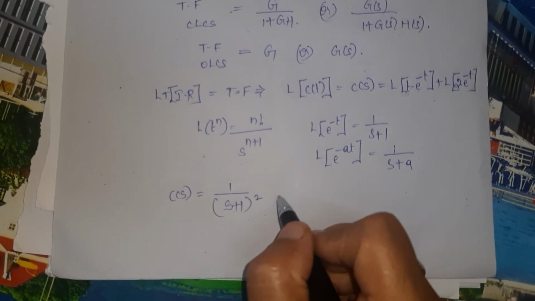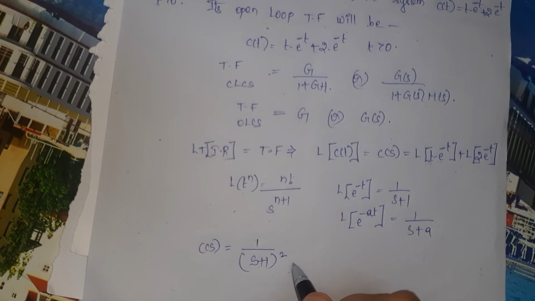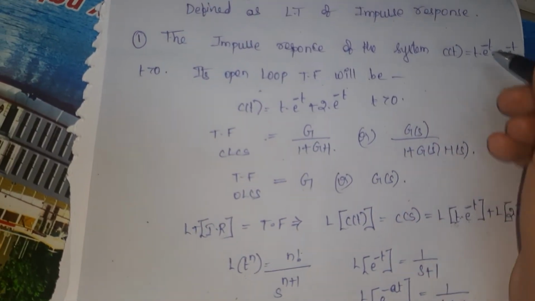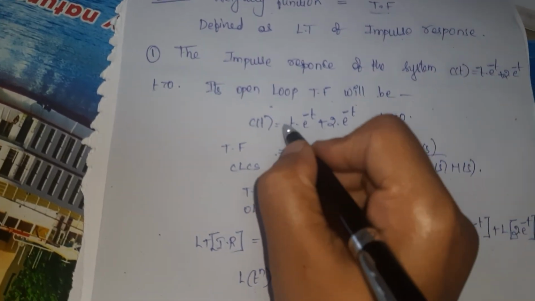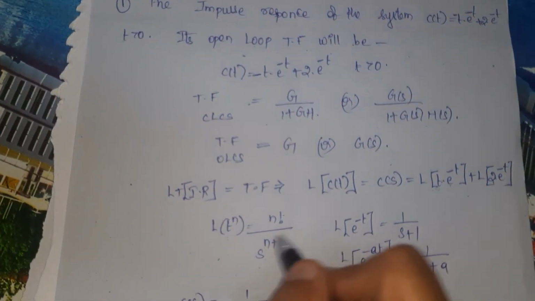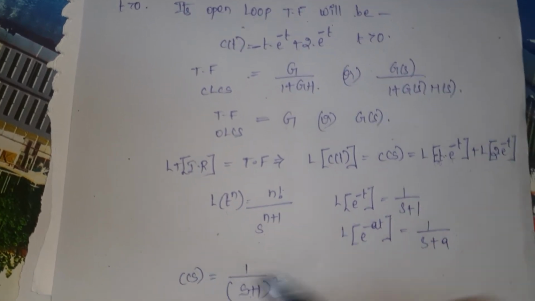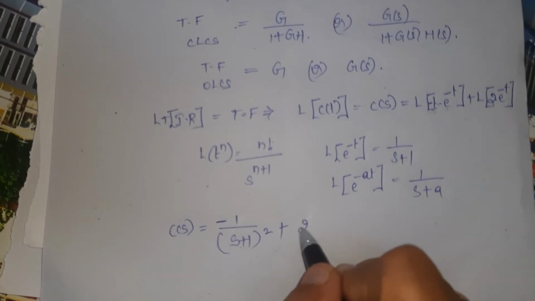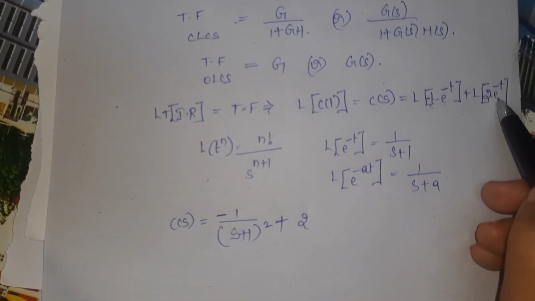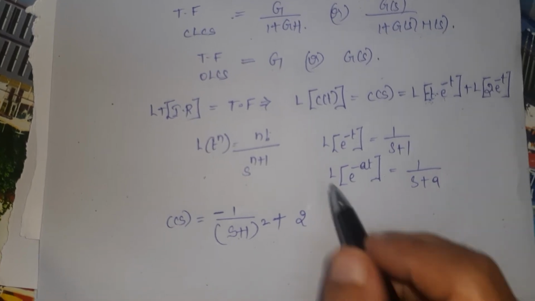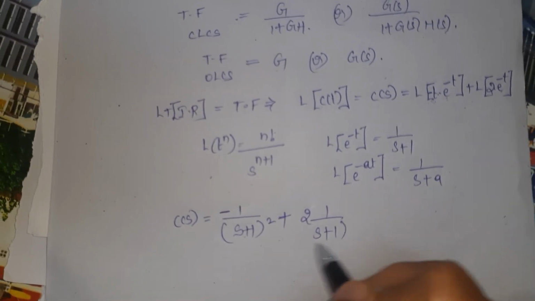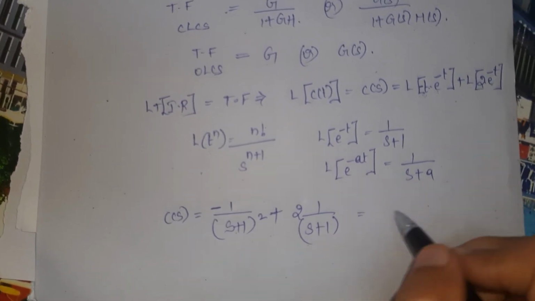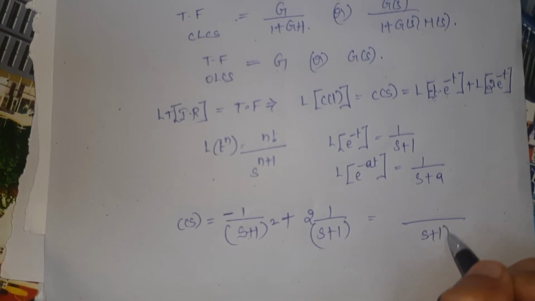Next, consider this problem. C of t is equal to minus t. Here I am having minus t, so simply here I will have minus. Next, plus 2 is a constant. 2 into what is the Laplace transform of e power minus t? 1 by s plus 1. If I simplify this one, in the denominator s plus 1 whole square.